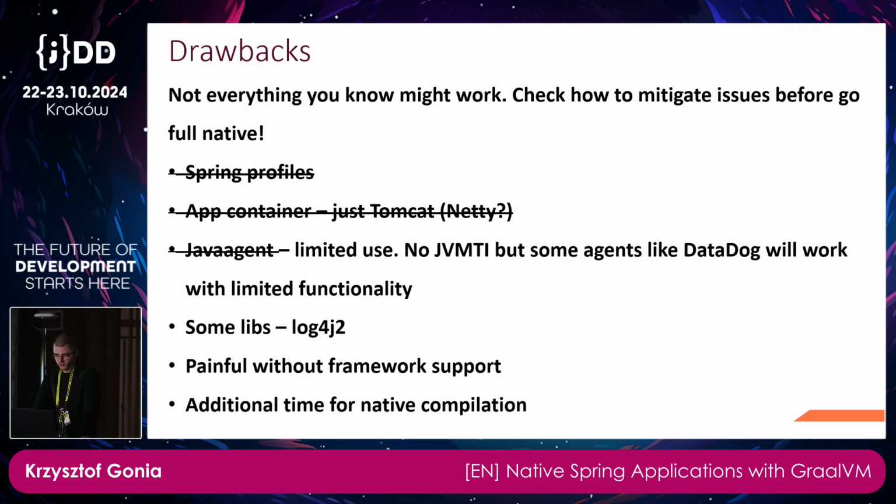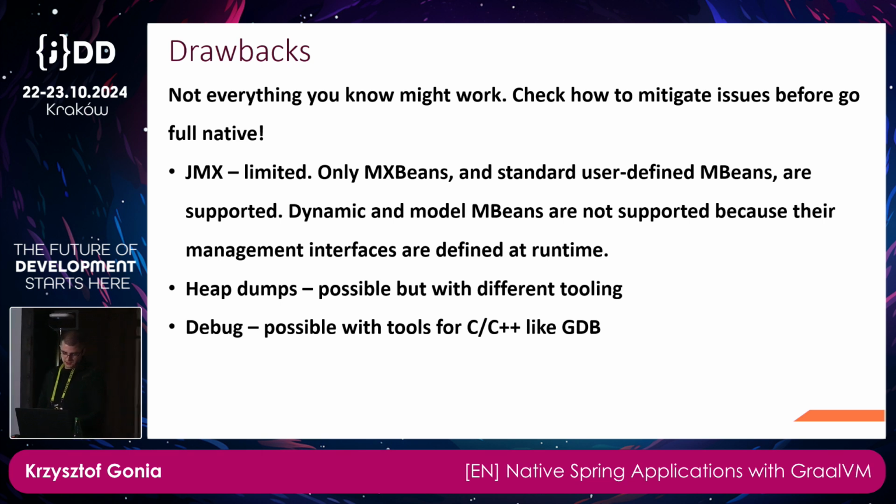We also need to spend additional time on native compilation. So we have faster startup, but you need to pay for it with compilation time. If you have an app that you deploy every hour, maybe it's not worth it. Also, with JMX limited, heap dumps are possible, but with different tooling, and similar for debugging.